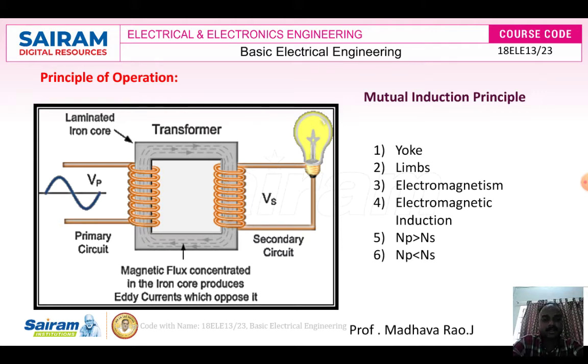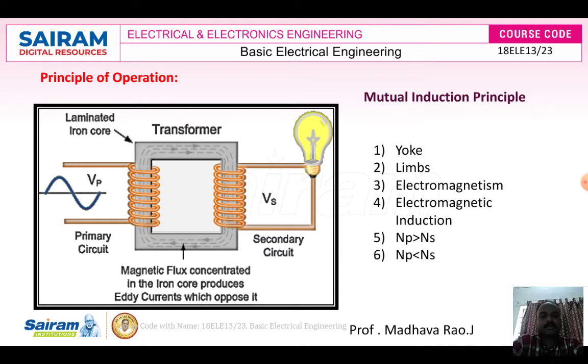Large size transformers are used in power generating stations, power transmission and power distribution stations, and small size transformers are used in electronic devices like radio, TV and radar circuits.